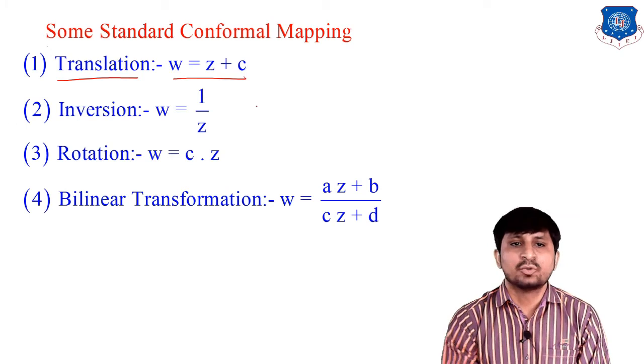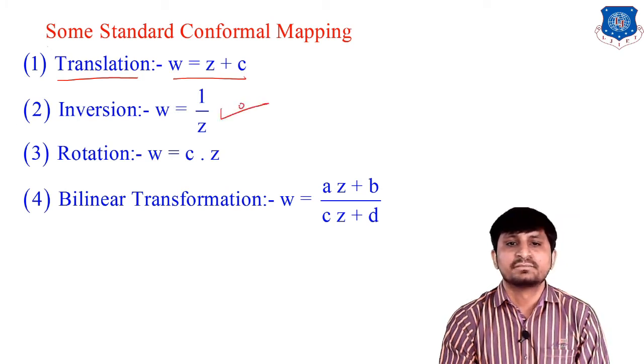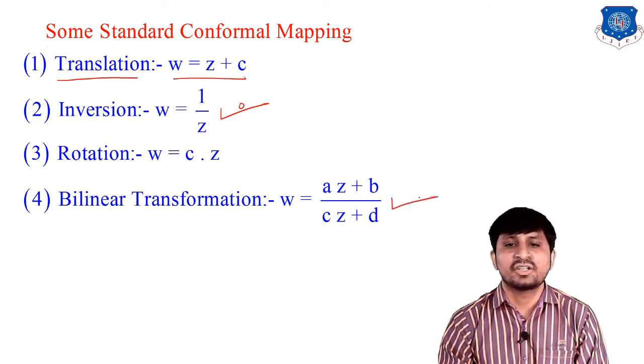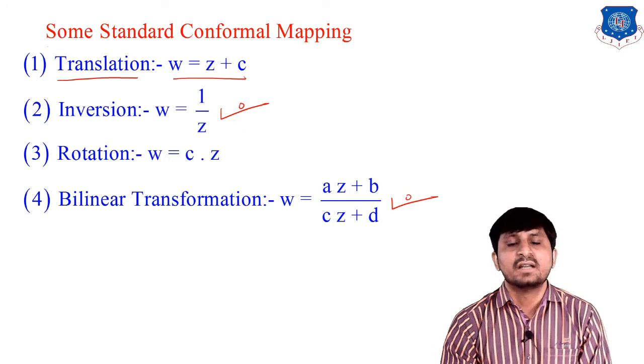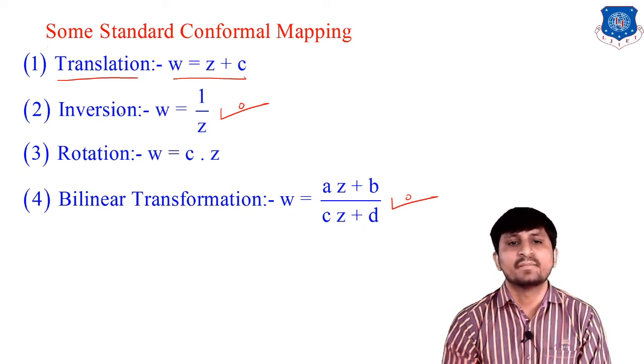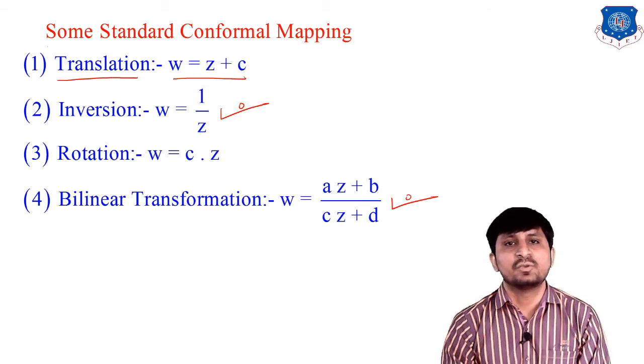Then inversion, the most important mapping from the exam point of view. After that, rotation. And another important transformation is bilinear transformation. So mapping number 2 and mapping number 4, inversion and bilinear transformations, are very important from the exam point of view. So we start with our first mapping, translation, w equal to z plus c.